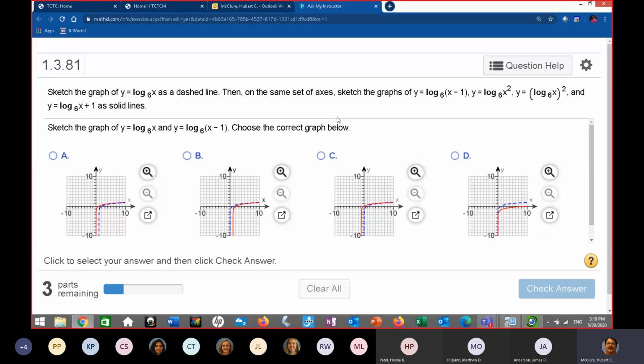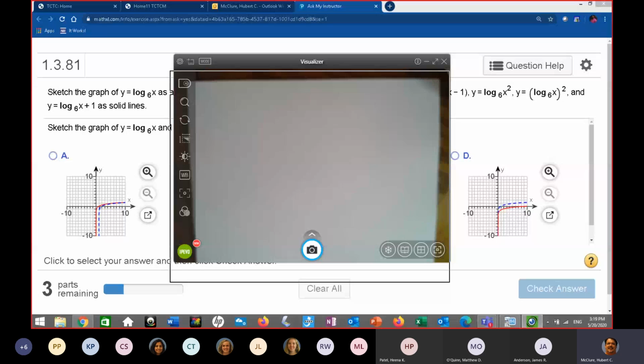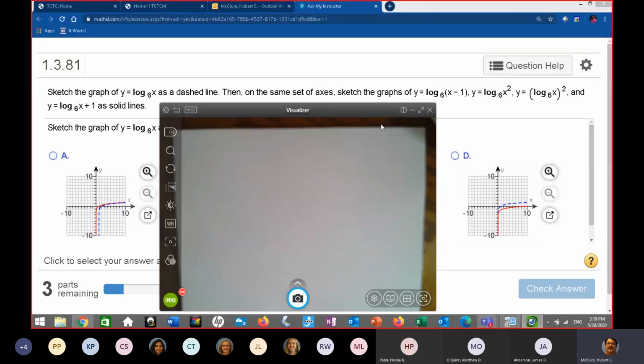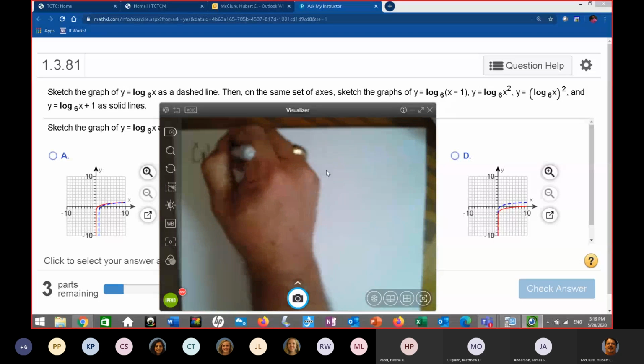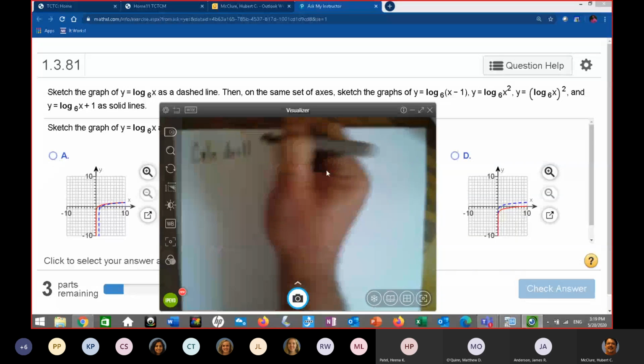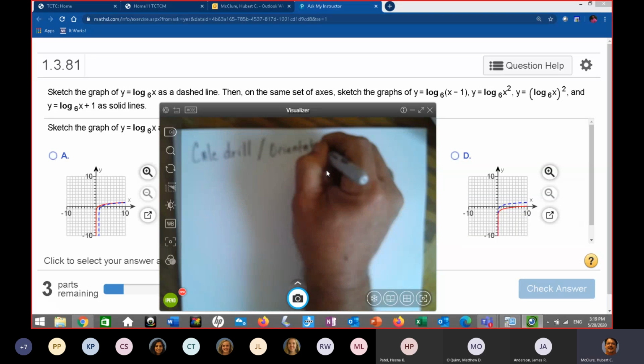And I want you to put on this problem: calculator drill, orientation, vertical, horizontal shifts. That's what this question is asking.